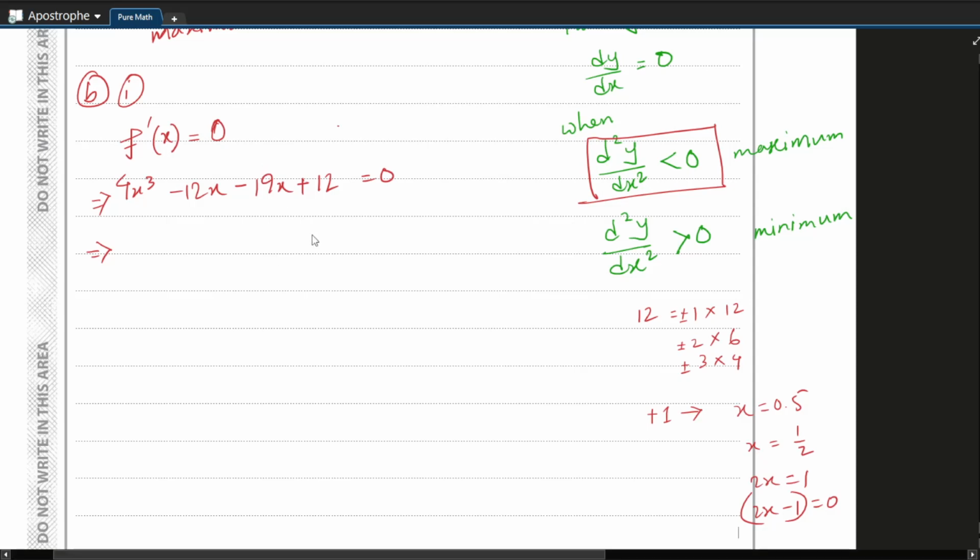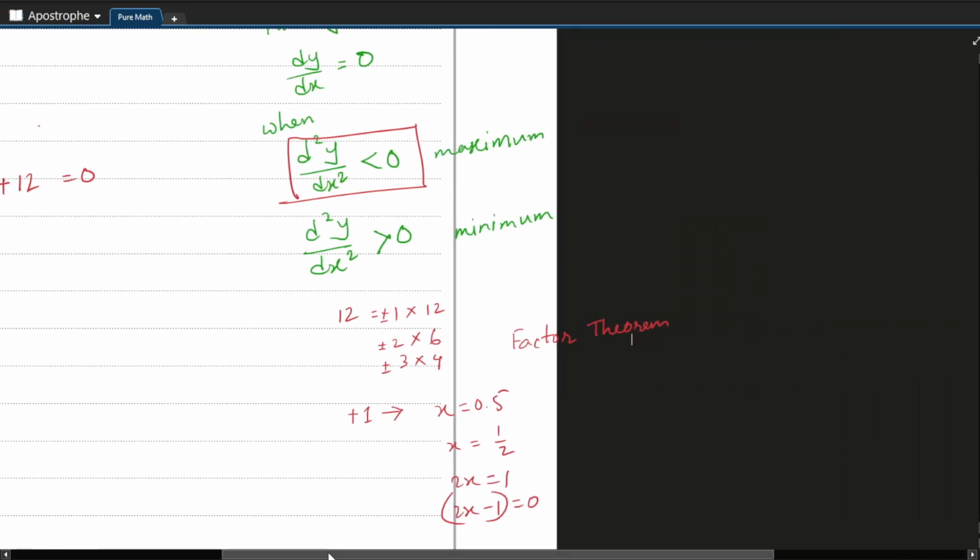So I don't know if you guys remember the factor theorem. The factor theorem says if f of a is equal to 0, then x minus a is a factor of f of x.